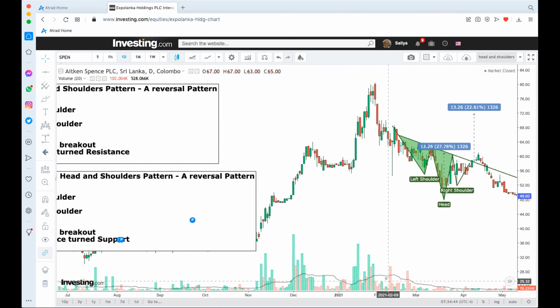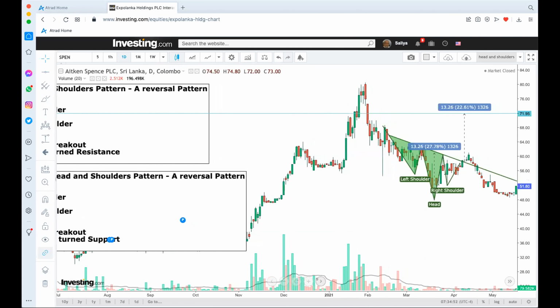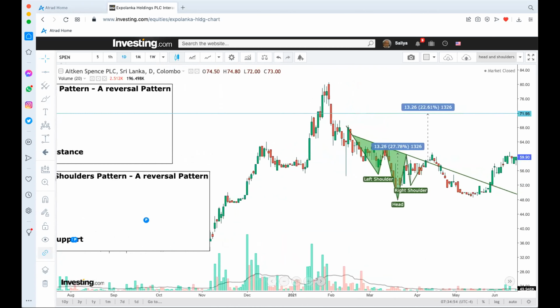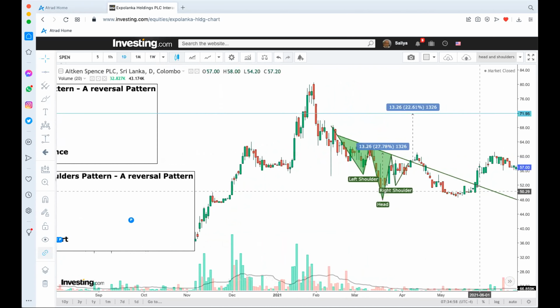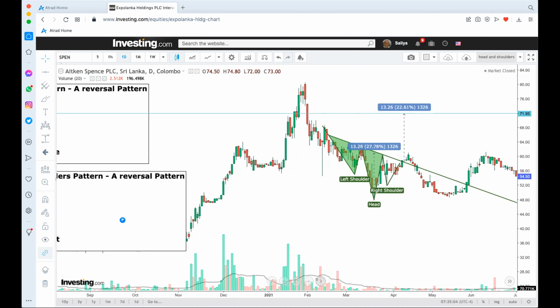But let's go forward and see. First of all, let's draw the horizontal line also like this, and then move forward. Again, you have another breakout here, right? That also can be used for your projection.